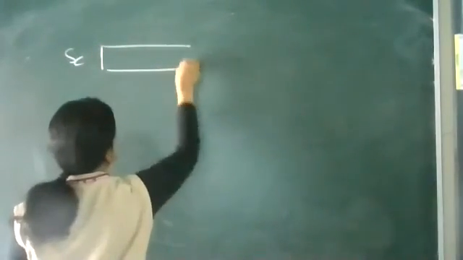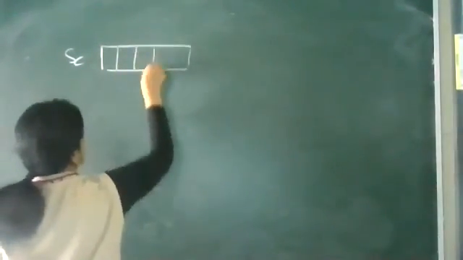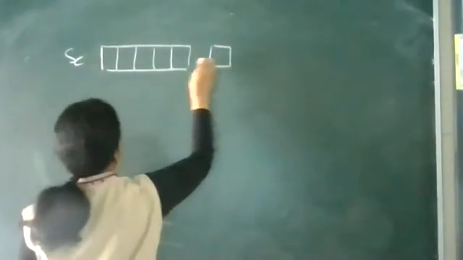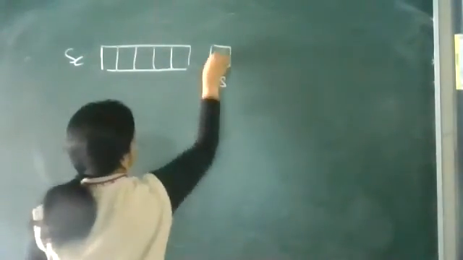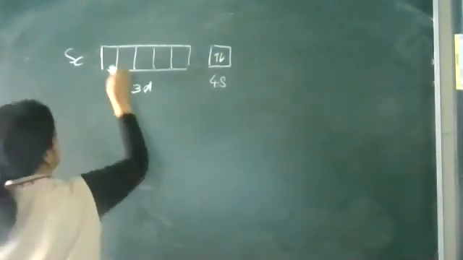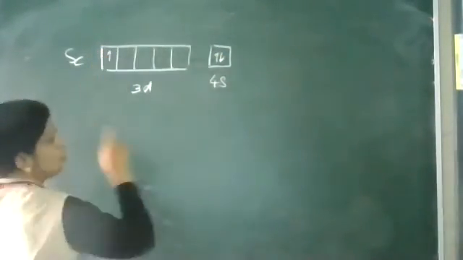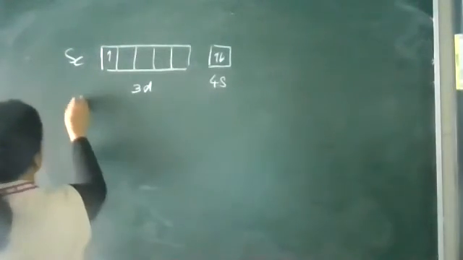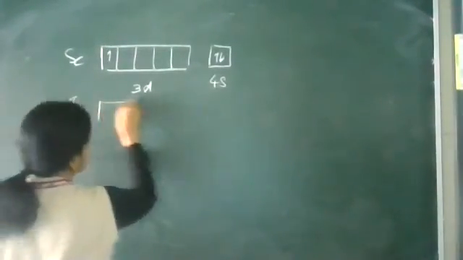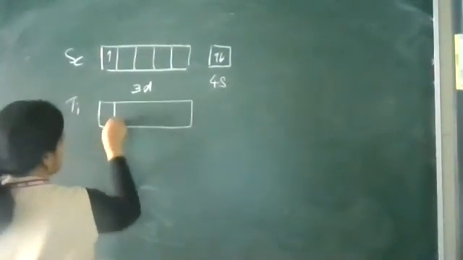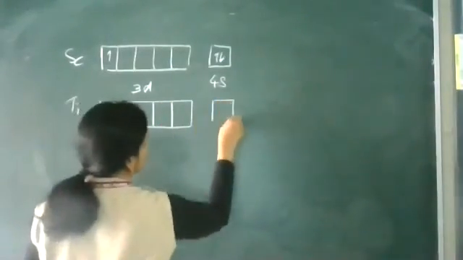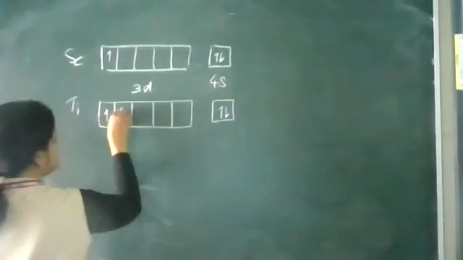Next, we are going to the electronic configuration. Scandium: 4s2, 3d1. Titanium: 4s2, 3d2.